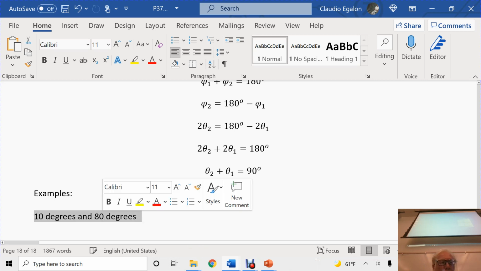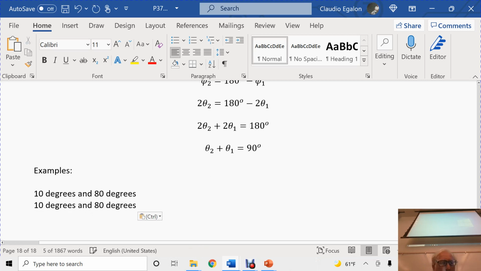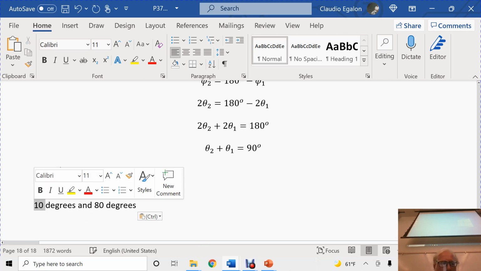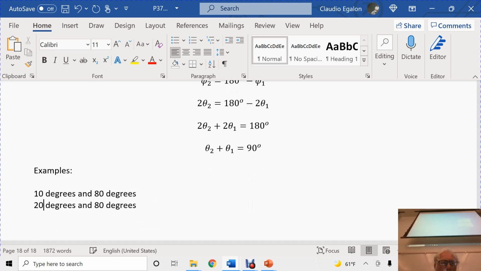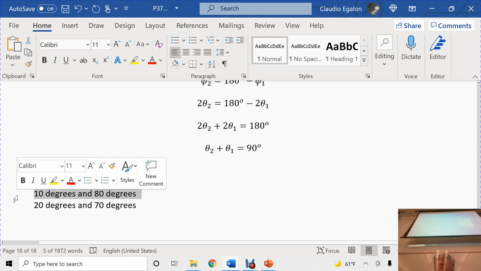Next. 20 degrees and what? 70. Those two ranges are going to be equal. But this range is going to be different from this range here. Okay?